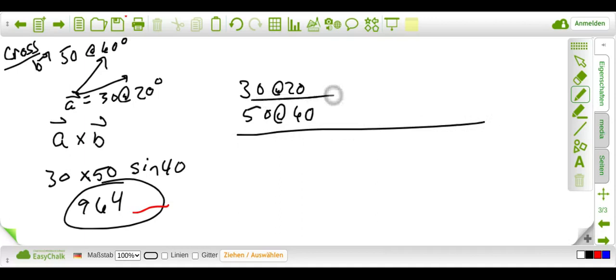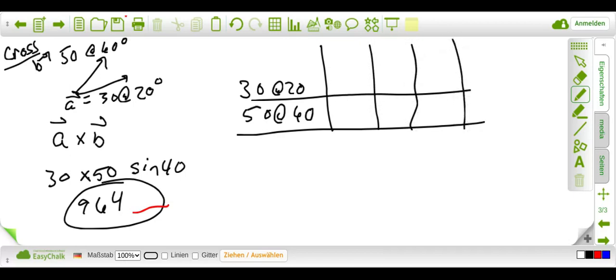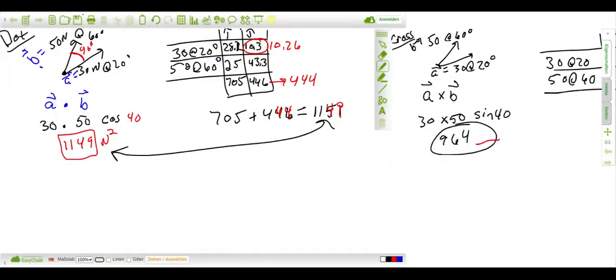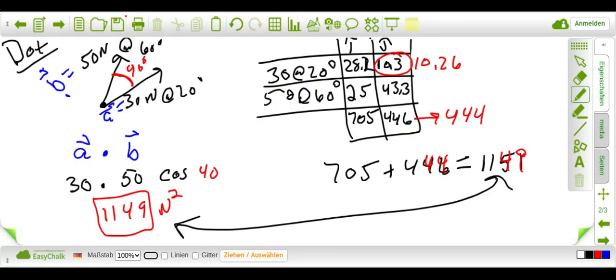I'm going to set up a vector table. This is going to be a little bit different than the ones we're used to. I'll explain why in a moment. First off, we are going to have an I hat, a J hat, and a K hat. What's the K hat values? We'll get to that in a moment as well. So 30 cosine, we're going to fill this out exactly the same way we did previously. So we have 28.2 and 10.26.